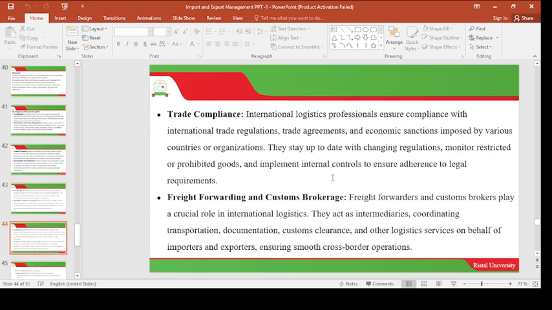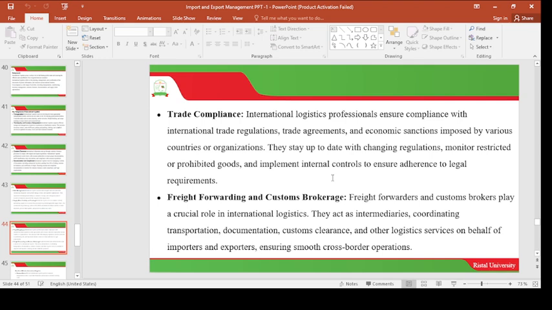So there is also trade compliance. International logistics professionals ensure compliance with international trade regulations, trade agreements, and economic sanctions imposed by various countries or organizations. They should respect these trade agreements and economic sanctions.